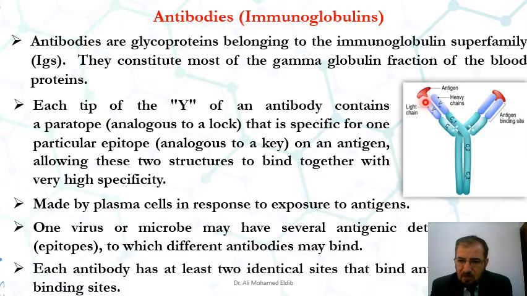So if one virus or bacteria contains an antigen which has more than one epitope, it will trigger the formation of more than one type of antibody, depending on the number of epitopes on that antigen.